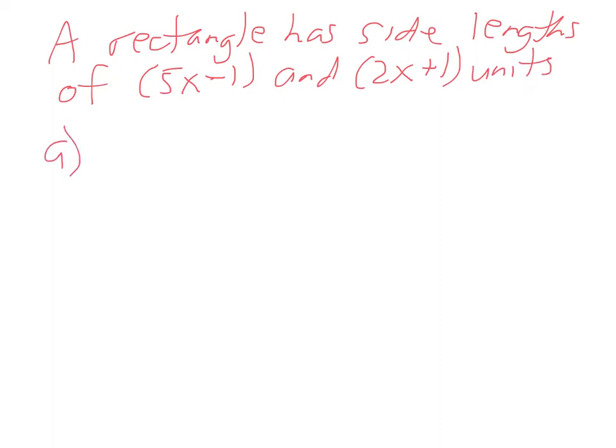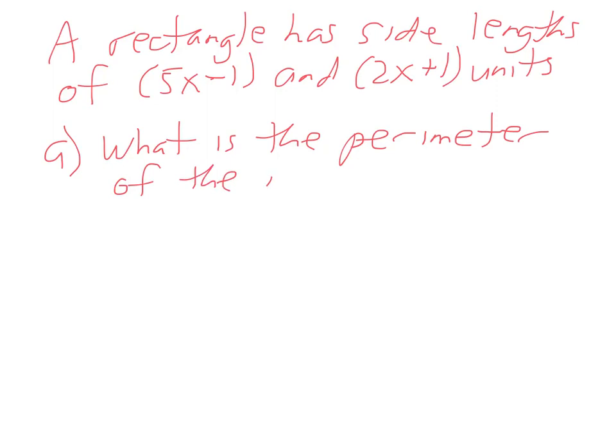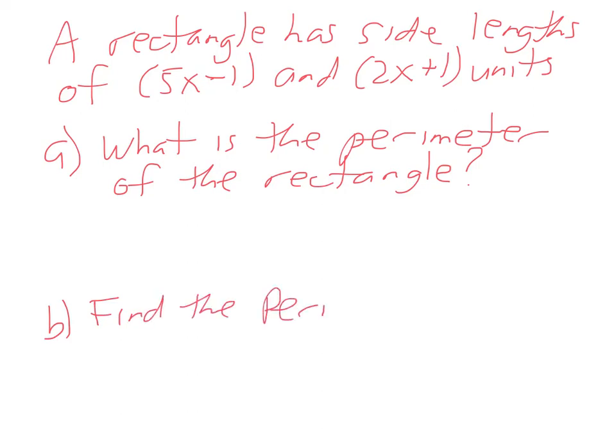Part A. What is the perimeter of the rectangle? And the second part of that question is going to be find the perimeter if x is equal to 5.4 units.